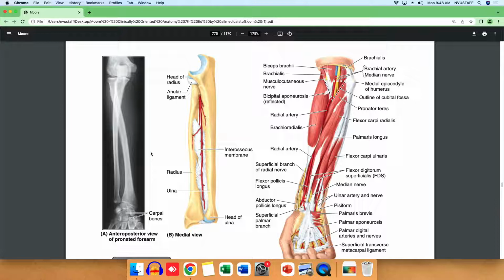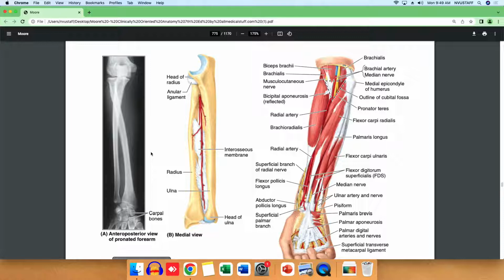I'm not talking about compartments, because compartments are similar. You have the anterior compartment and the posterior compartment, but these compartments are subdivided even more into layers, like superficial, intermediate, and deep layers, in the case of the anterior compartment, for example.